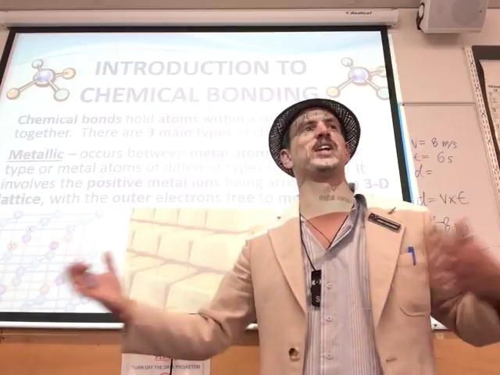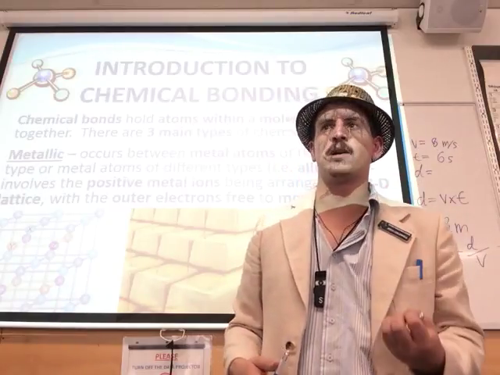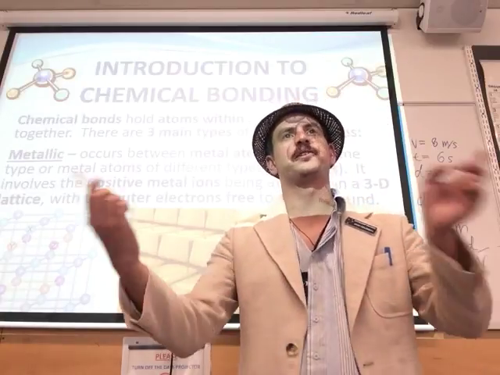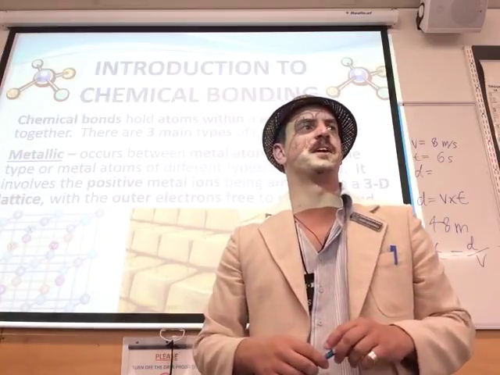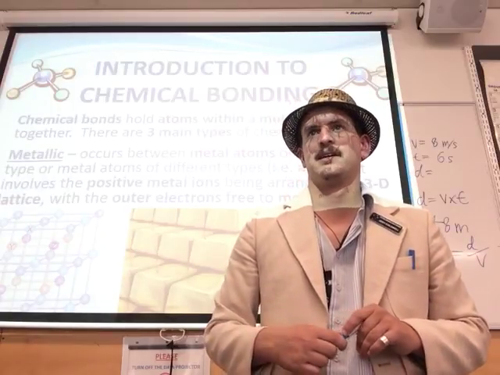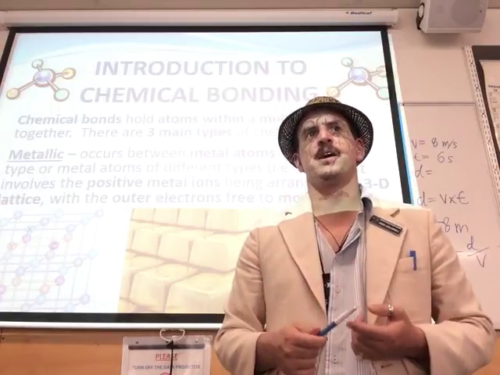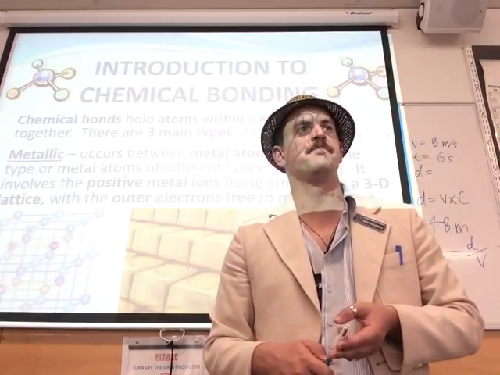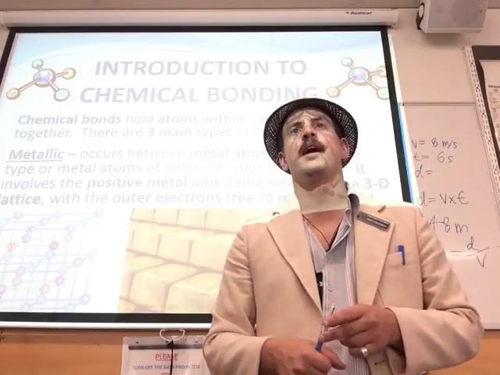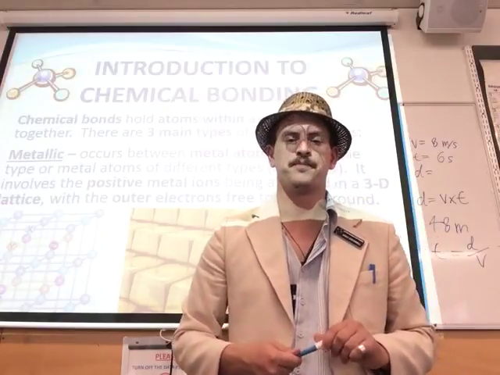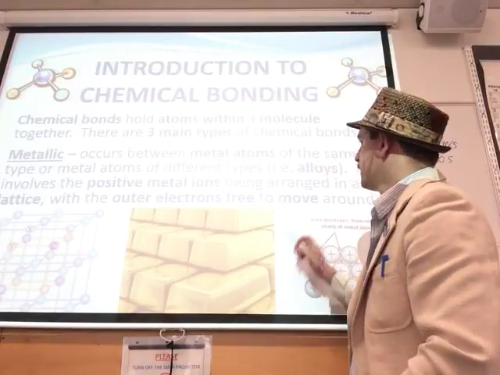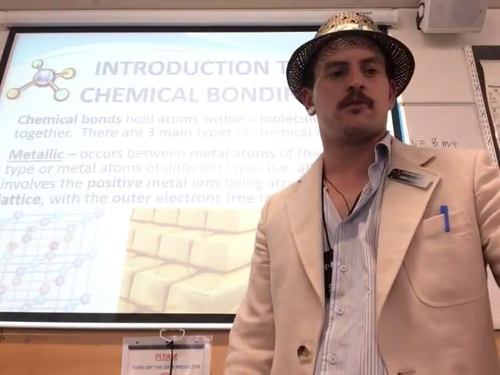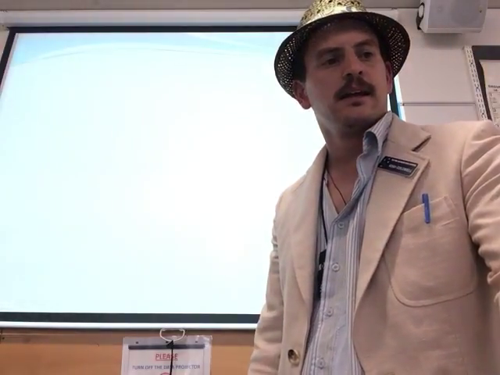It doesn't really want to attach to anything because remember, metals have low electronegativity. They can't hold those electrons very well, so the electrons just dance around all the others in the 3D lattice. We'll look at the properties of metals and why that cloud makes them very useful, because that cloud makes them pretty durable. You can bend them and you can pass electricity through them. The outer electrons are free to move, and that is vitally important when we look at metallic bonding.